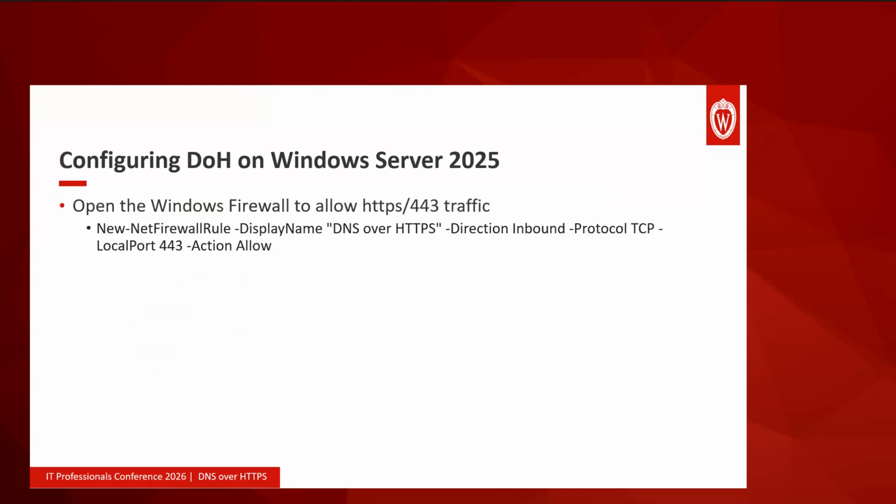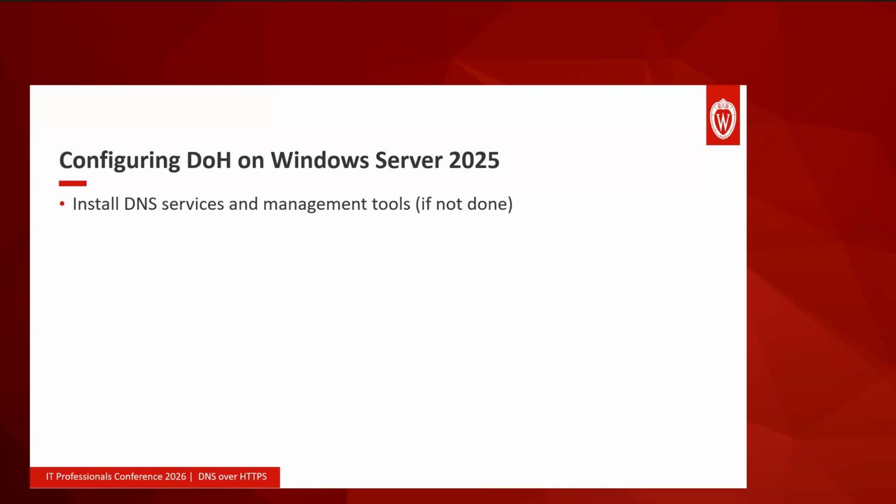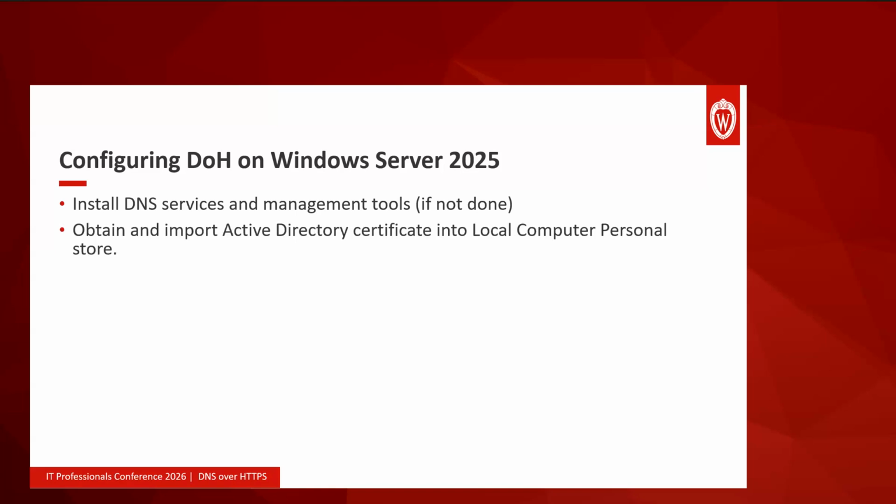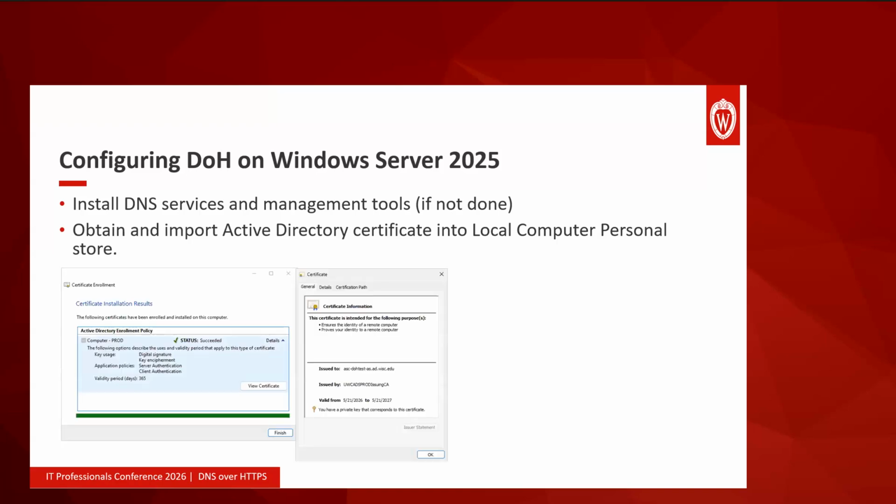Here we've got a pretty standard PowerShell command to open the firewall to allow SSL traffic. And then after that, we install DNS services and management tools on that, and then import the certificate into the local computer store. If you've ever installed a client certificate on a domain joined workstation or server, it's the same process.